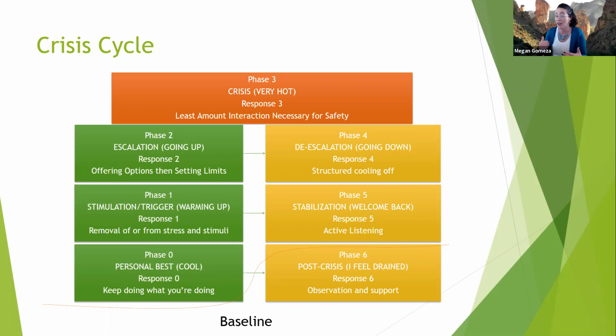So sometimes I offer options and I set limits pretty quickly, to be honest, and then I move back through these structured cooling off, active listening, observation, and support quickly, you know, and back into phase 0, personal best.